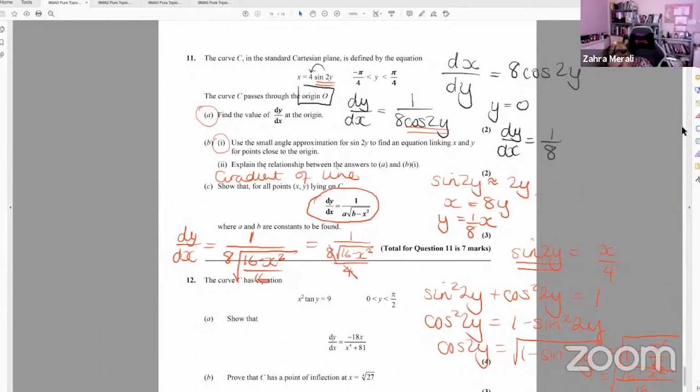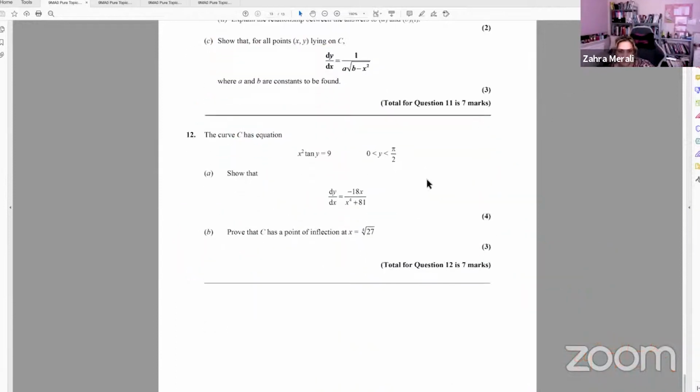That cancels and gives you 2, and now yours looks like this: 1 over 2 root 16 minus x squared. Okay, hope that makes sense. You're just looking at your trig identities. They become so important. You need to learn that list. Okay, next one. Oh, last one.